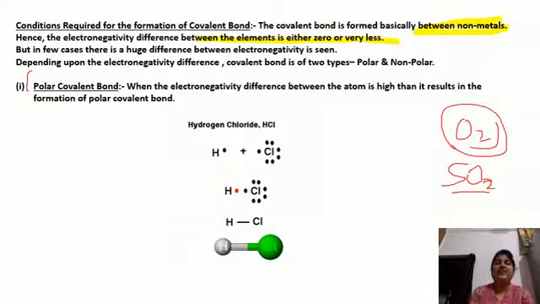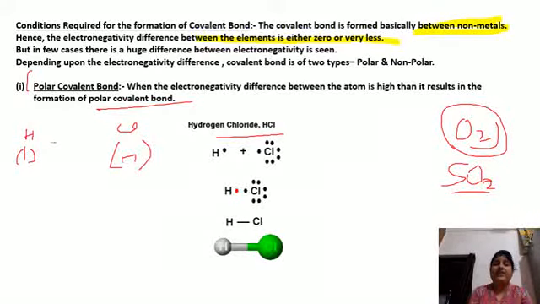If the electronegativity difference is very high, that means in very few cases, then it results in the formation of polar covalent bond. For example, HCl. Hydrogen belongs to first group while chlorine belongs to 17th group.